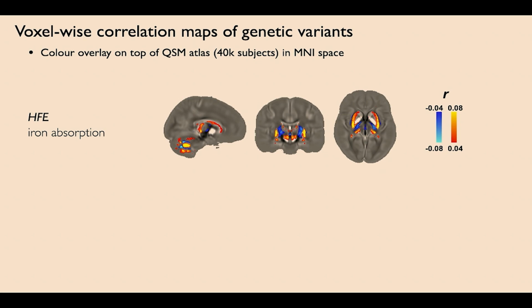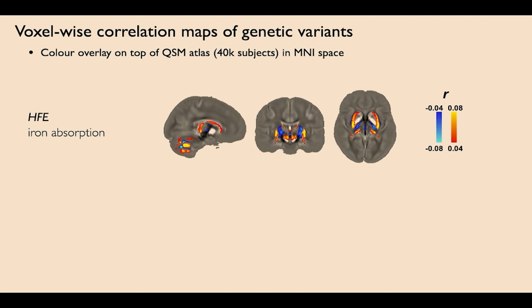Once these QSM maps are aligned to a common coordinate system, for instance, MNI space, we can correlate each genetic variant of interest with susceptibility values at each voxel location to perform voxel-wise correlations. Here I'm showing the correlation R-value map for a variant related to gene HFE, which is related to iron absorption.